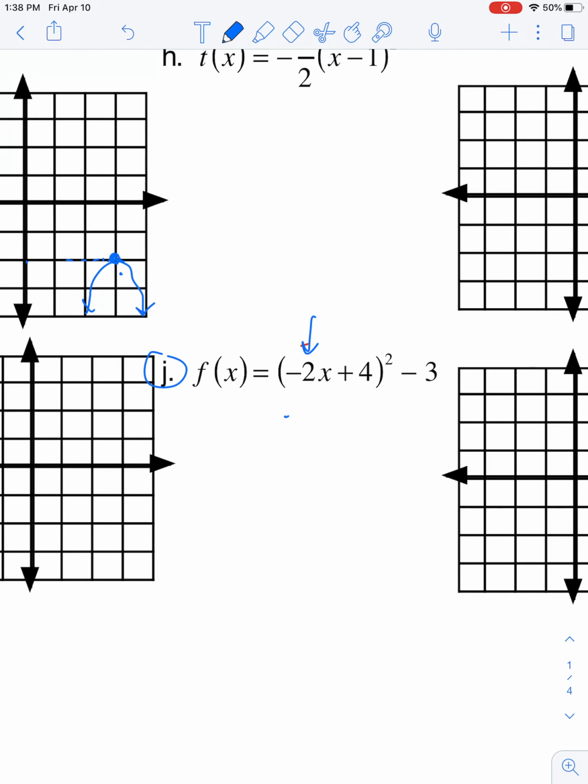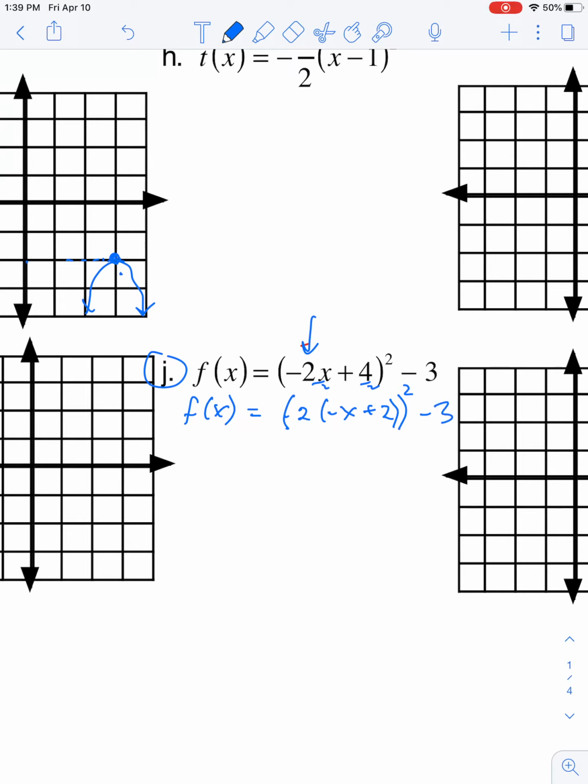So what I need to do first, before I go through all my steps, is write this out. And what I'm going to do is factor that 2 out, but I got to keep that in the parentheses. I'll factor the 2 out. I'll get -x, and I'm going to divide those both by 2. So that'll give me a +2 there, squared, -3.